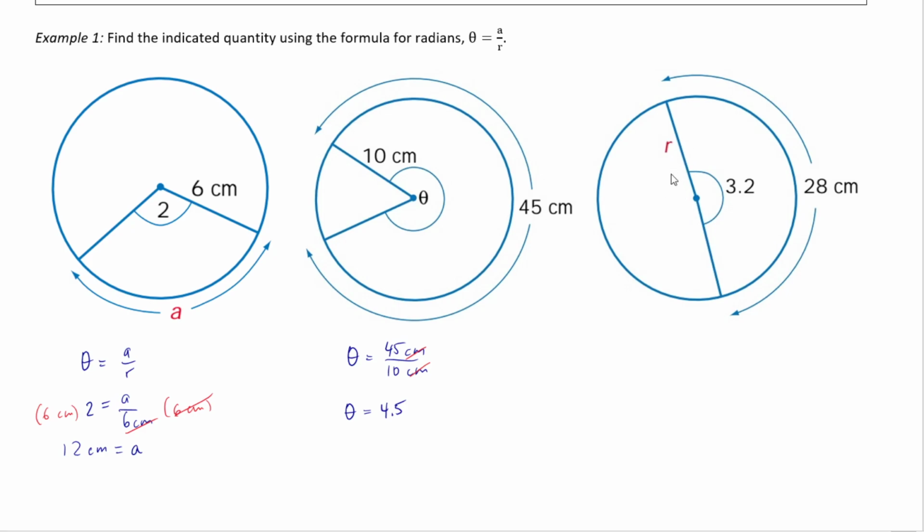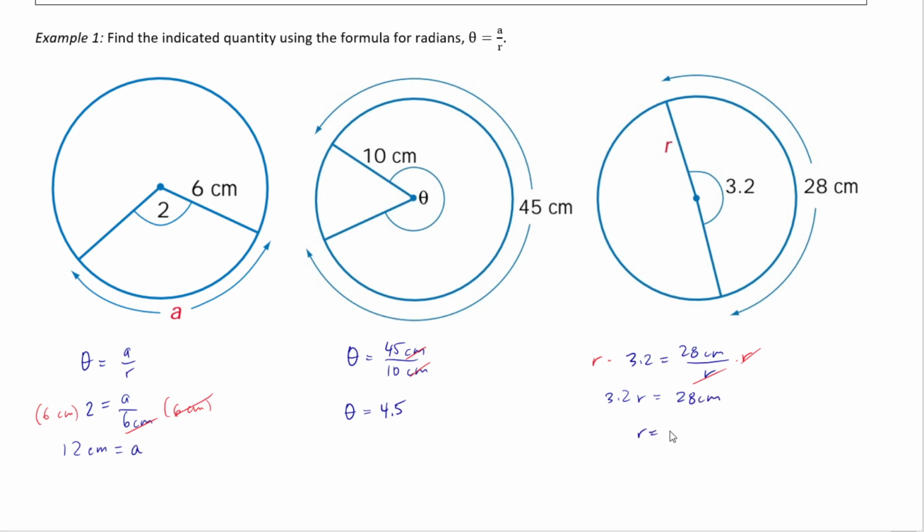In this question here, we're looking for the radius, and they give you the arc length and the radians. So the radians is 3.2, the arc length is 28 centimeters, all over the radius. I'm going to multiply both sides by r, and so I get 3.2r is equal to 28 centimeters.